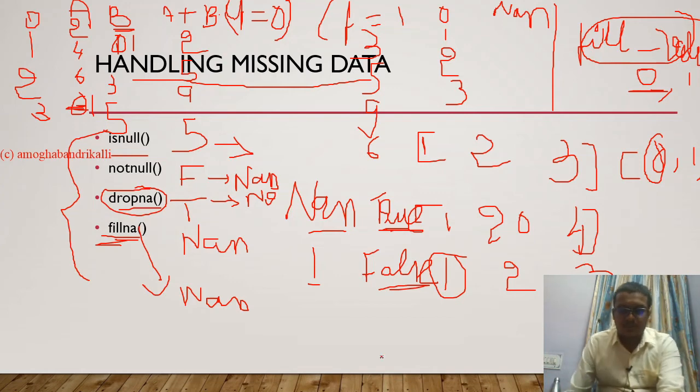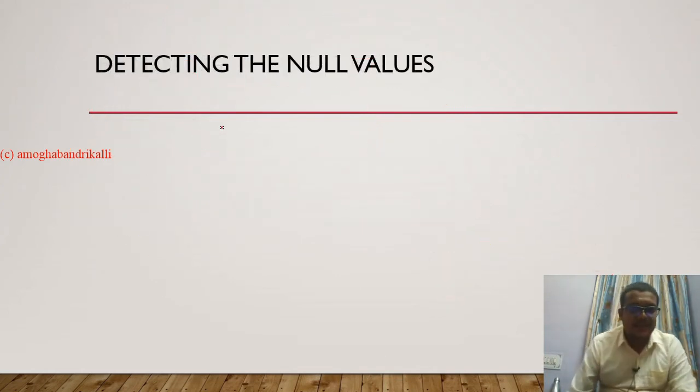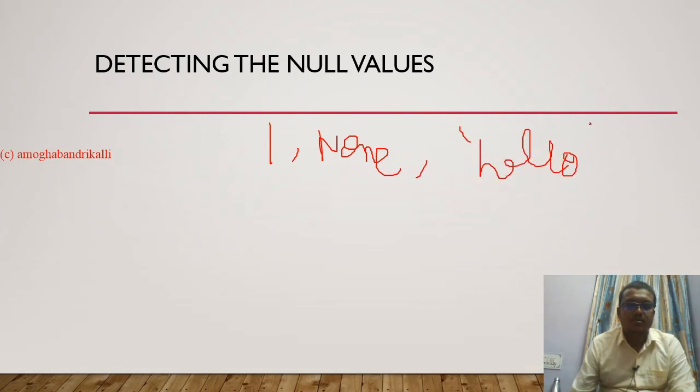The first one is detecting the null data. First I am creating values like 1, 2, None and null.